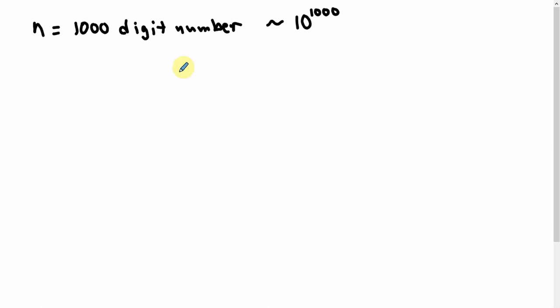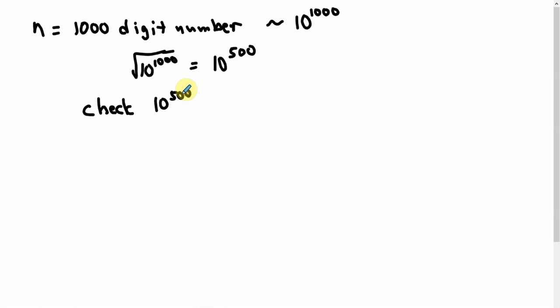Okay, so the square root of that would be 10 to the 500, which is a lot less than 10 to the 1,000, but still pretty big, right? And like I said, we could skip all the even numbers, so we could do half of those. So we would be wanting to check 10 to the 500 over 2 numbers.